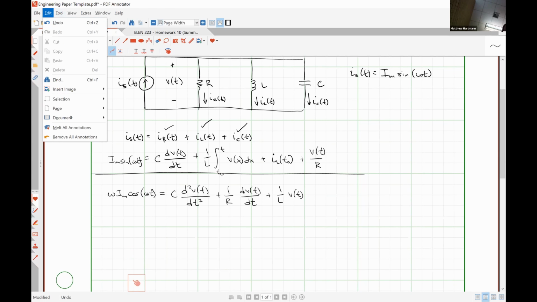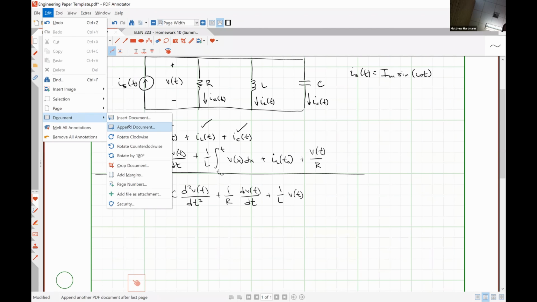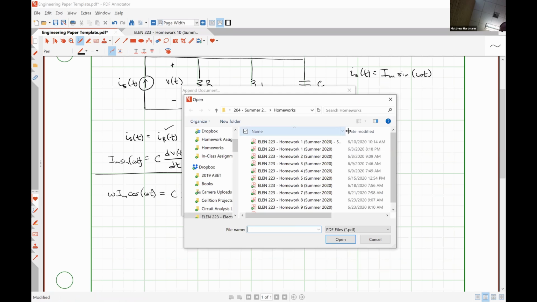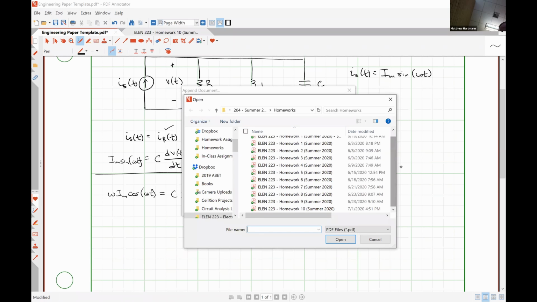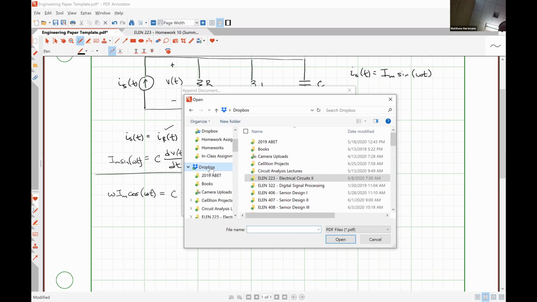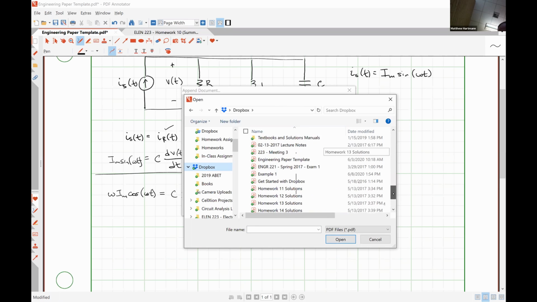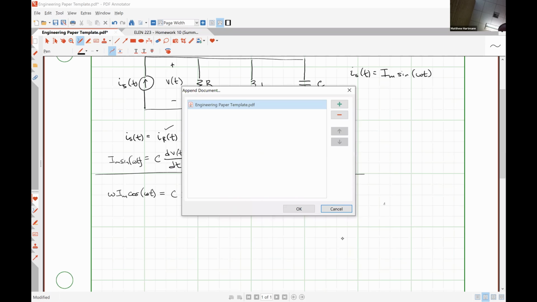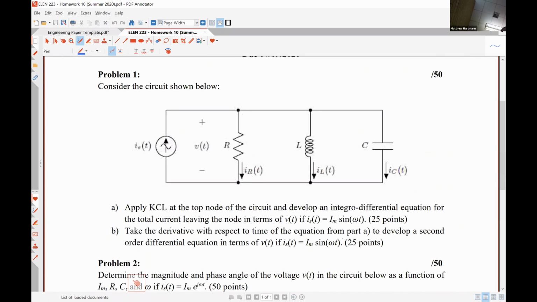All right, so let's look. Let me add a page. Let's look at problem 2.